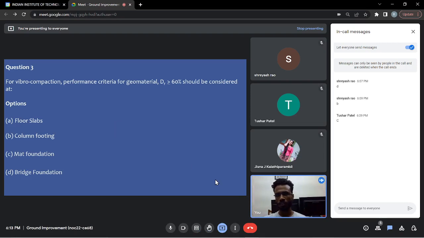I am repeating the question again: for vibro compaction performance criteria for geomaterial, the relative density should be greater than 60%. It should be considered for which member of the structure?